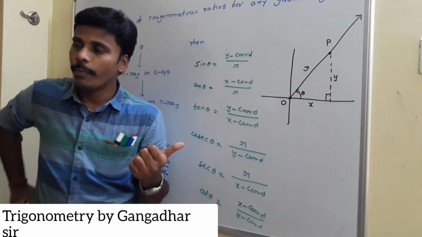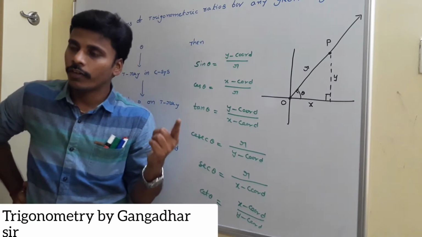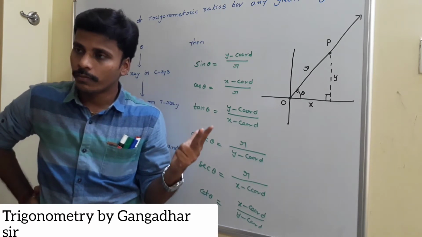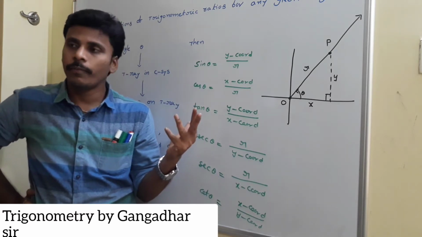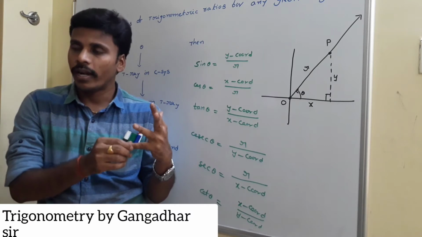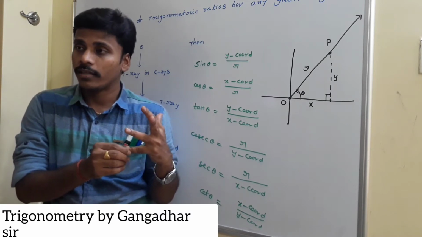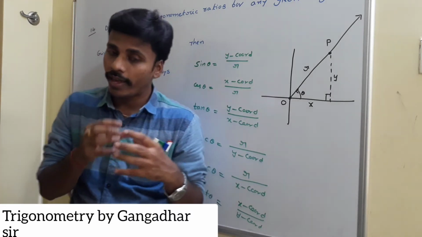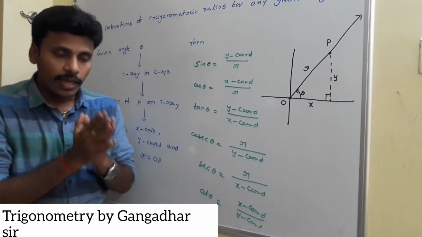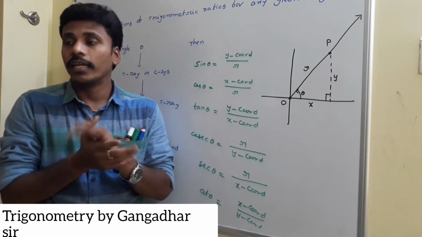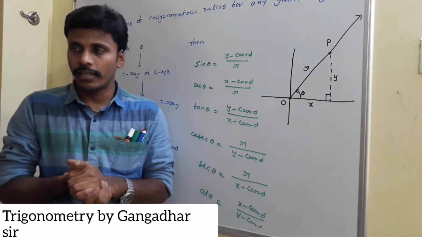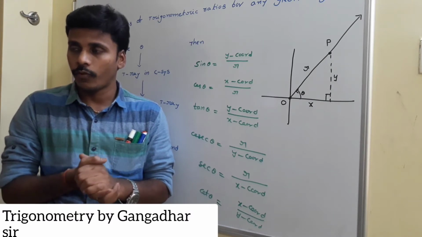The first is the basic introduction, then the definition of angle along with the systems of angles, then similar triangles, the coordinate system, and in the last class we learnt the way of expressing a terminal ray related to the given angle in the coordinate system. Is it clear? I think everything is clear for all of you, right?